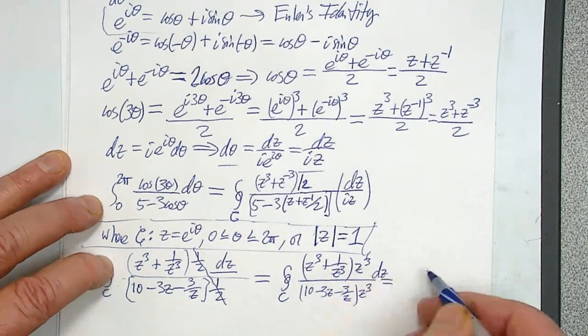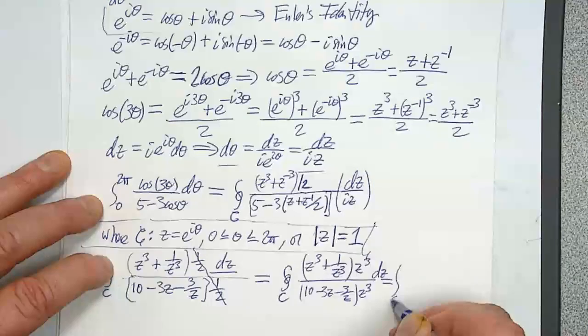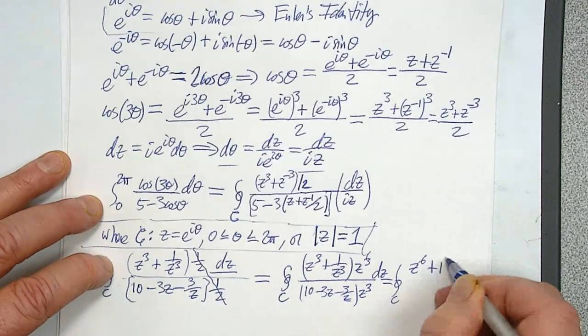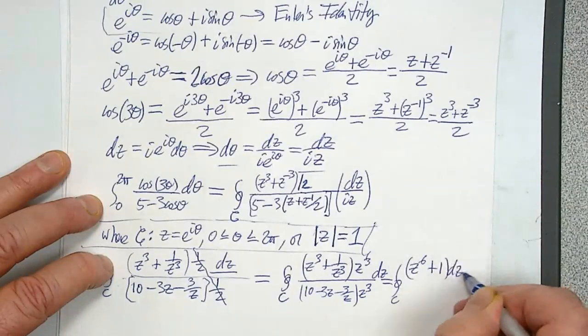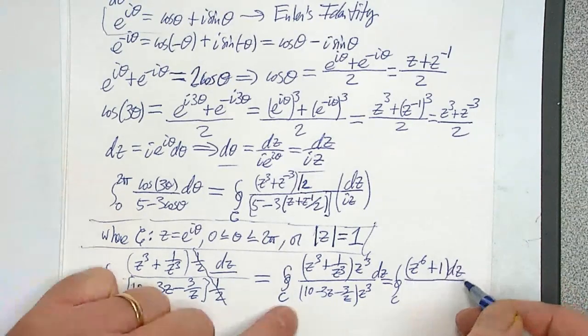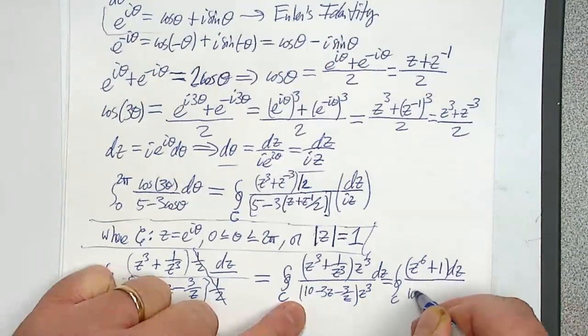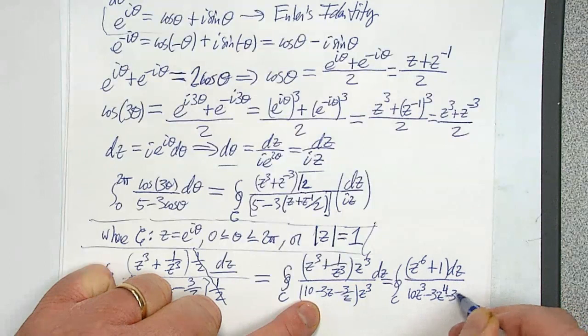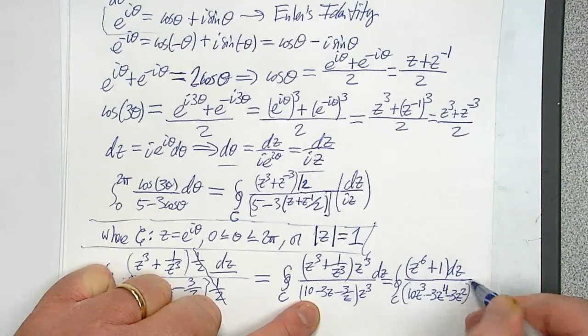If we distribute the z to the third, what do we have here? z to the 6 plus 1 dz, and then here we'll have 10 z to the third minus 3 z to the fourth minus 3z squared.